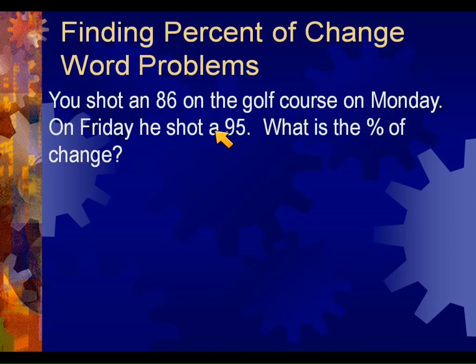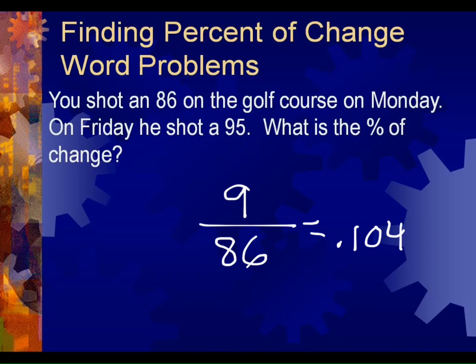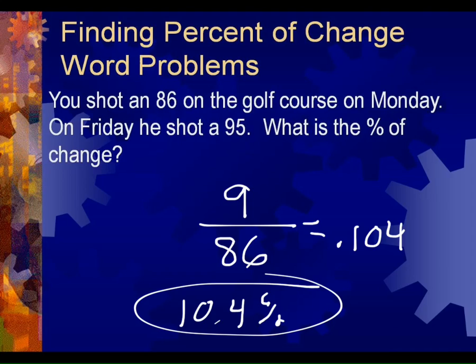So how many more strokes did I shoot on Friday than Monday? 9, right? And I divide that by the original amount because I want to see what percent of the original amount did I increase. I punch that in my calculator, 9 divided by 86. 0.104 and so on. Then remember, you move the decimal 2 to the right, which means it's a percent of increase of 10.4%. Okay.